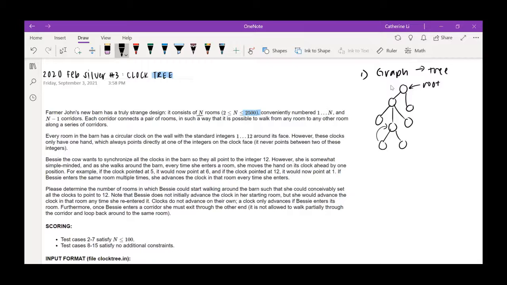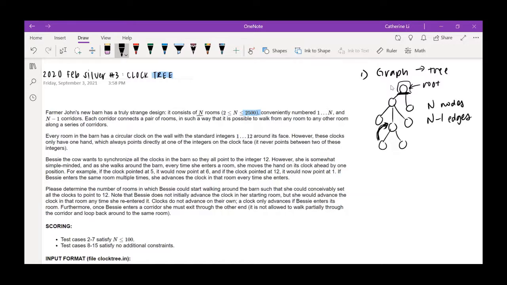And then this is where we get the n minus 1 edges, because if we have n nodes, each one has a parent except for the root over here. So we have n minus 1 things that have parents, so n minus 1 edges.